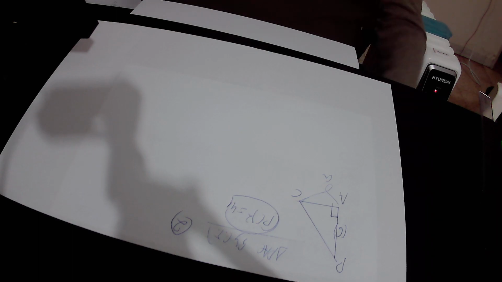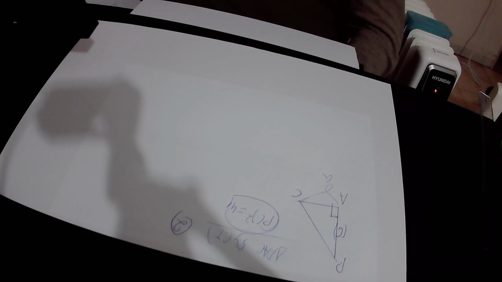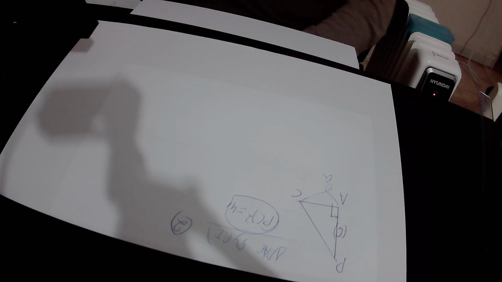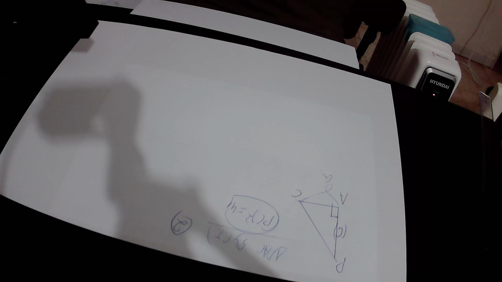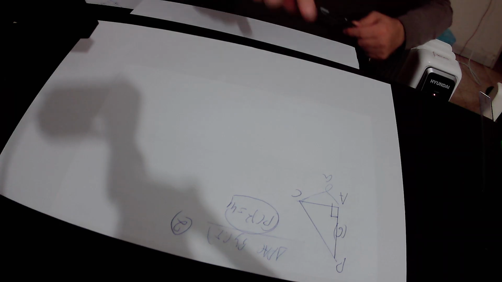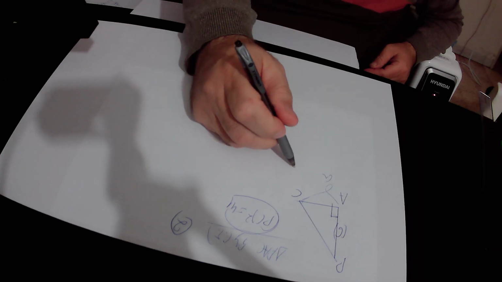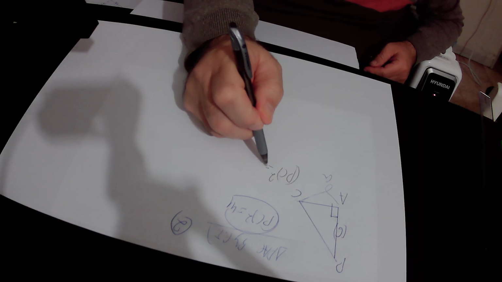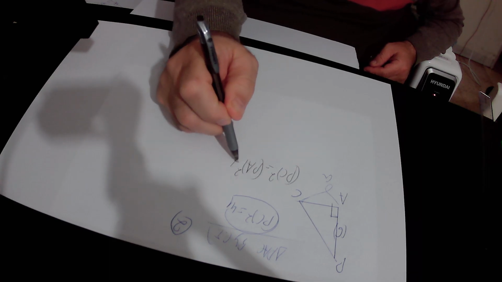According to the Pythagoras theorem, in the right triangle PAC, we will get that PC squared equals PA squared plus AC squared.